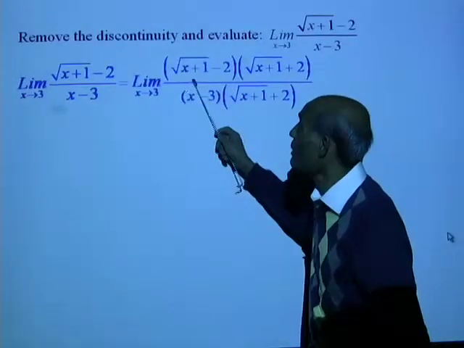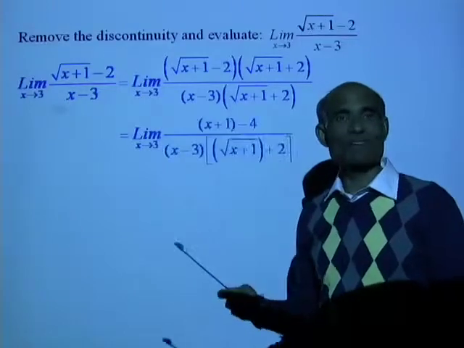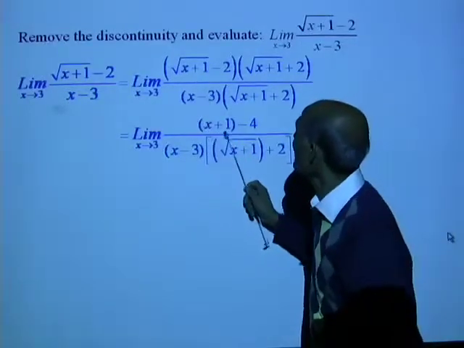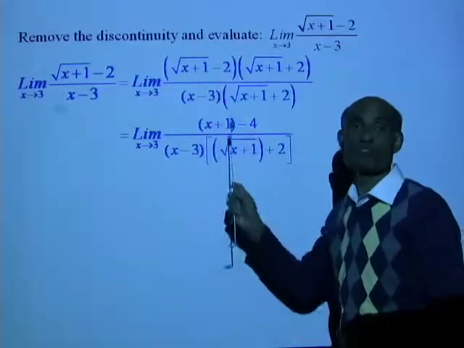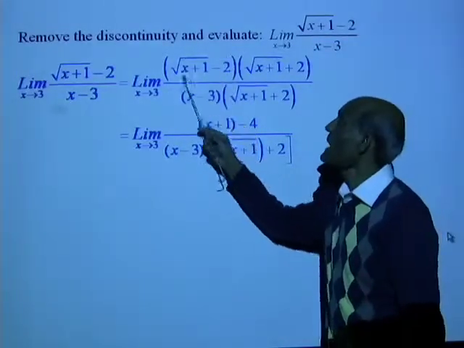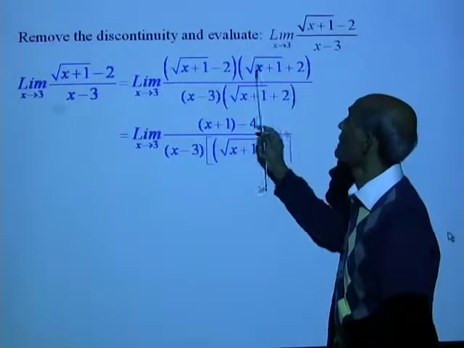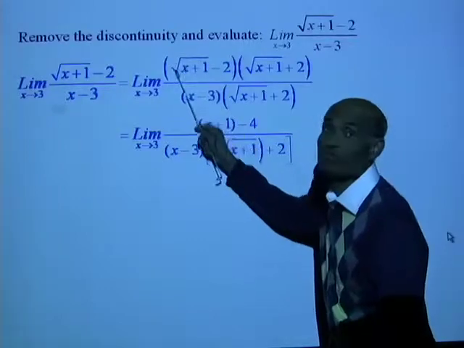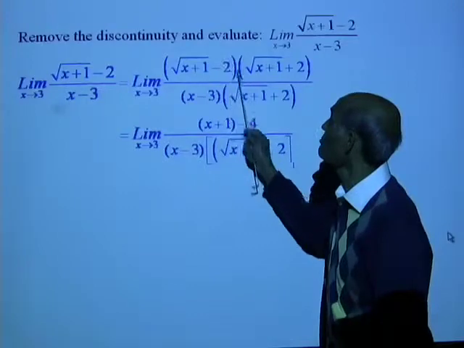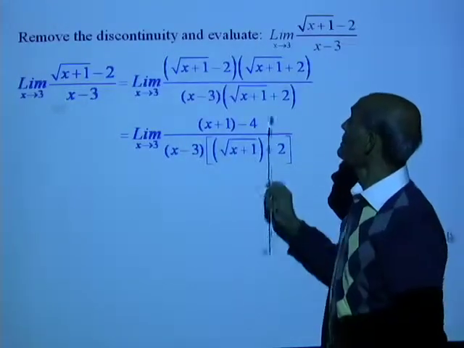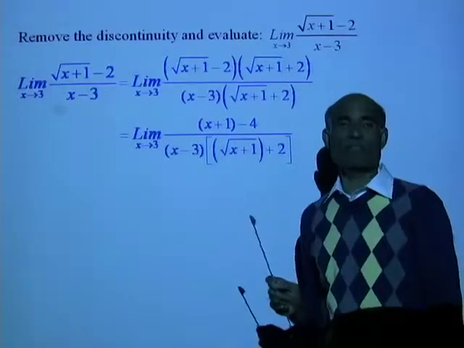What is the square of square root x plus 1? It is x plus 1. That's right. So it will be x plus 1 minus the square of 2, which is 4. I hope you understood that. This will be a minus b times a plus b. It will be a squared, square root x plus 1 squared is x plus 1, minus b squared. And the denominator, we didn't do anything there. We will leave it at that.